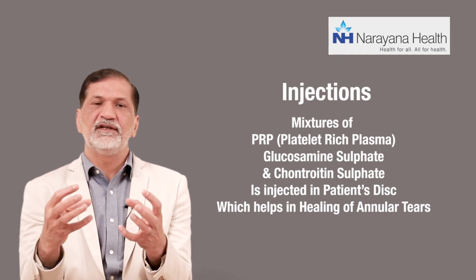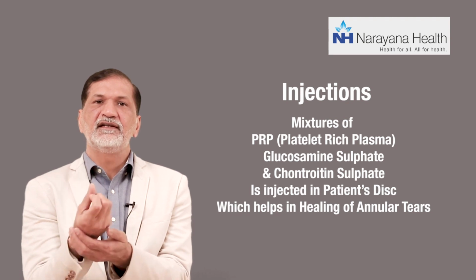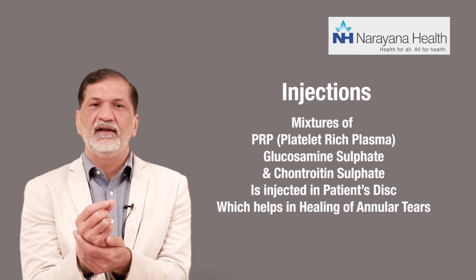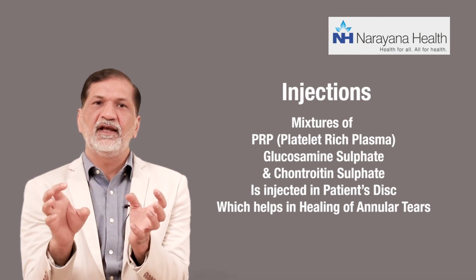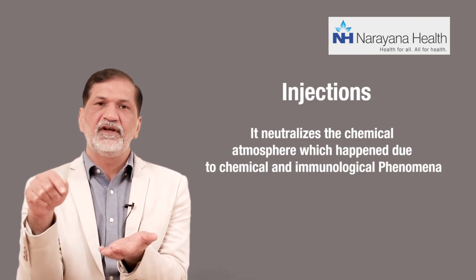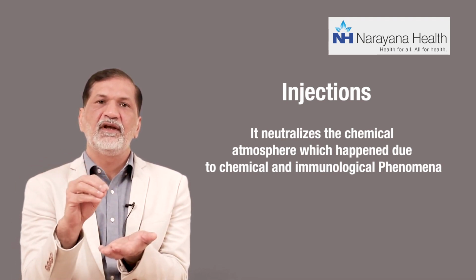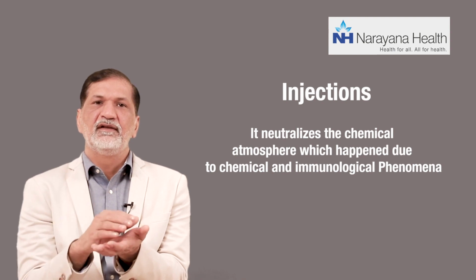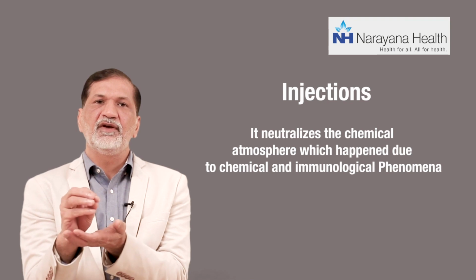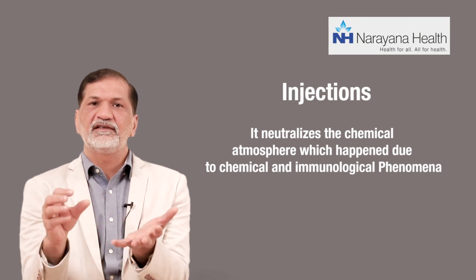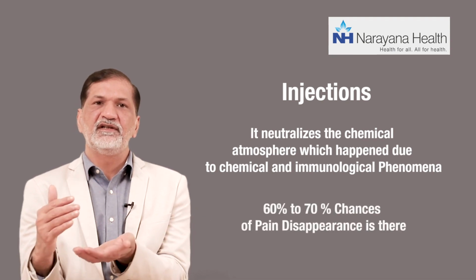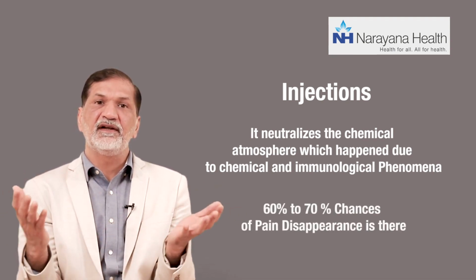We mix all these together and inject inside the disc. A very small amount is injected, around 0.5 to 1 ml, and that helps in healing of the annular tears. It also neutralizes the chemical atmosphere created by the chemical and immunological phenomena. Once those chemicals are diluted, and there is some healing because of PRP or stem cells, patients feel wonderful. Up to 60 to 70% chances are there that their pain may disappear.